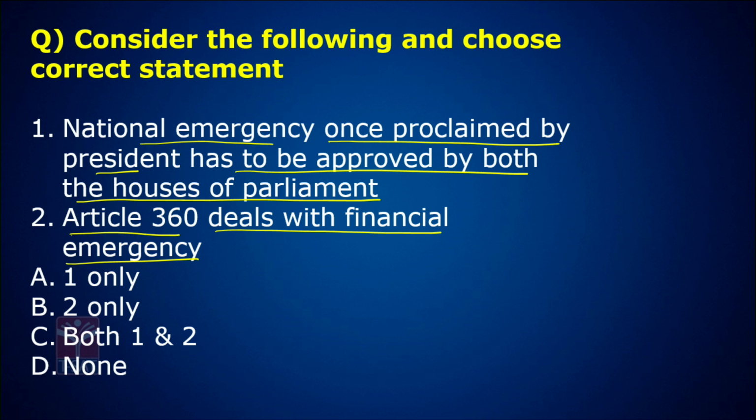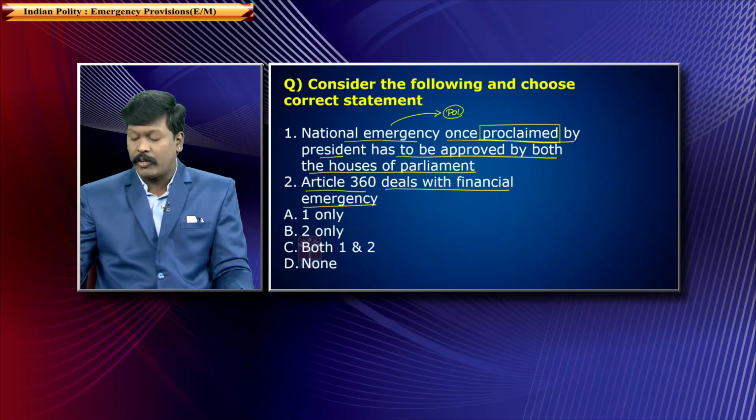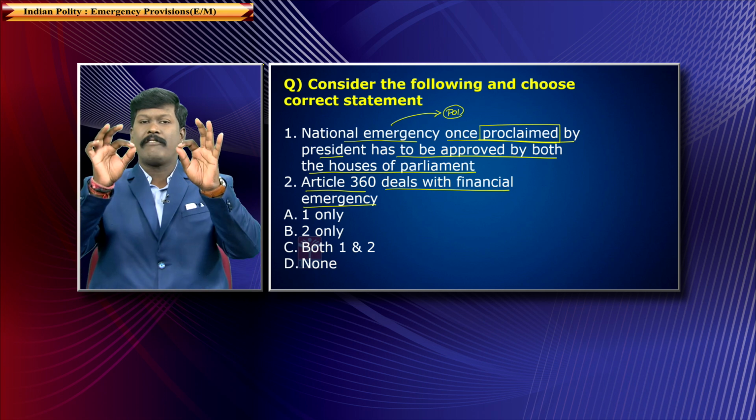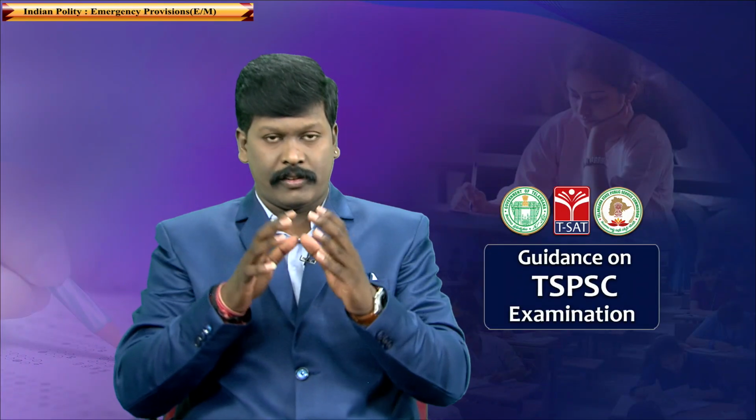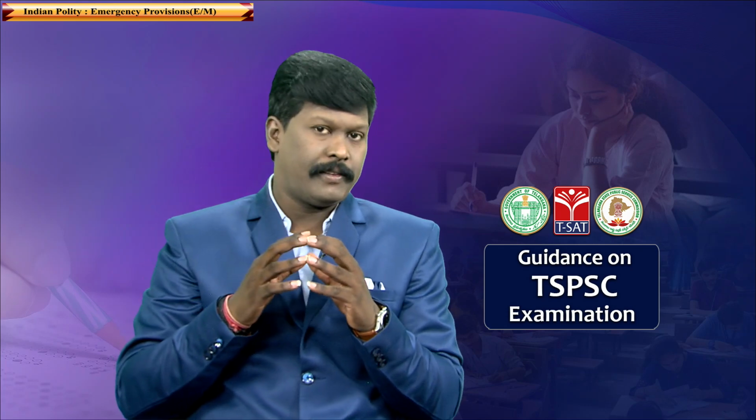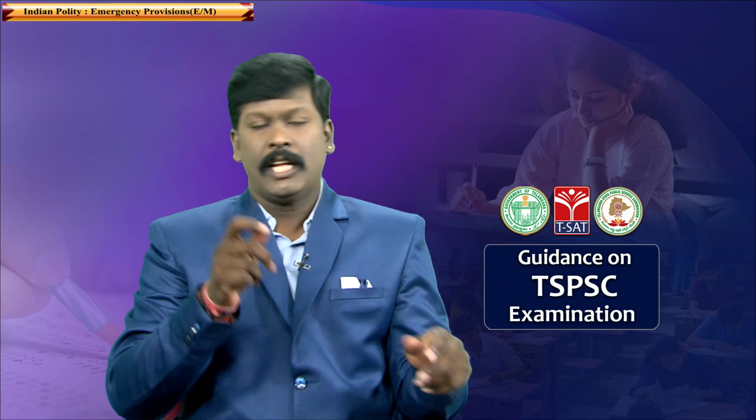Let me explain this. After the proclamation of national emergency by the President of India, you need to understand two things with regards to the continuation and proclamation of the national emergency. The national emergency can be proclaimed by the President only when there is a written notice signed by the cabinet sent to the President.